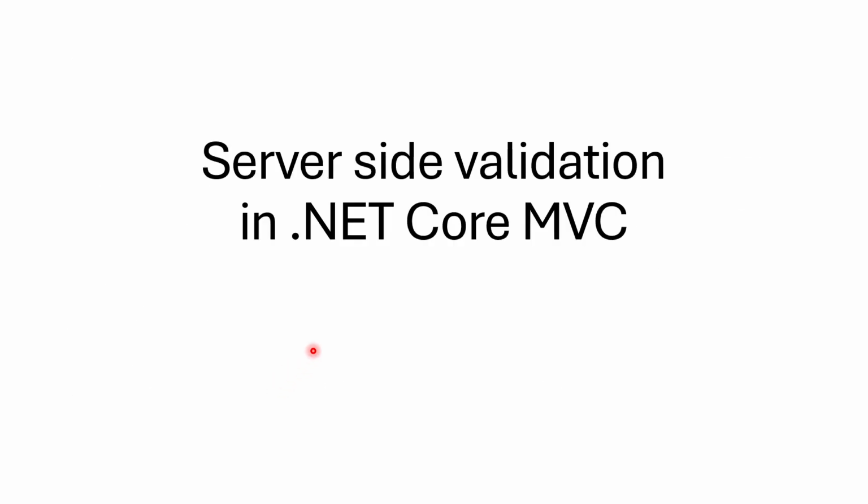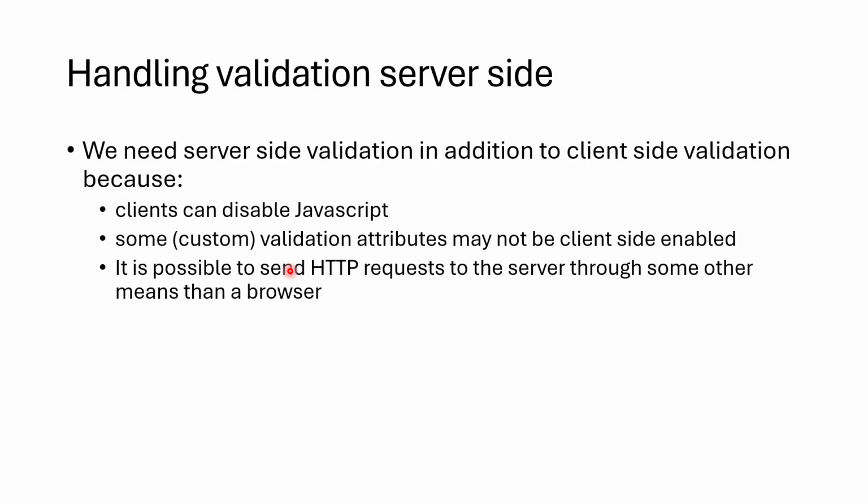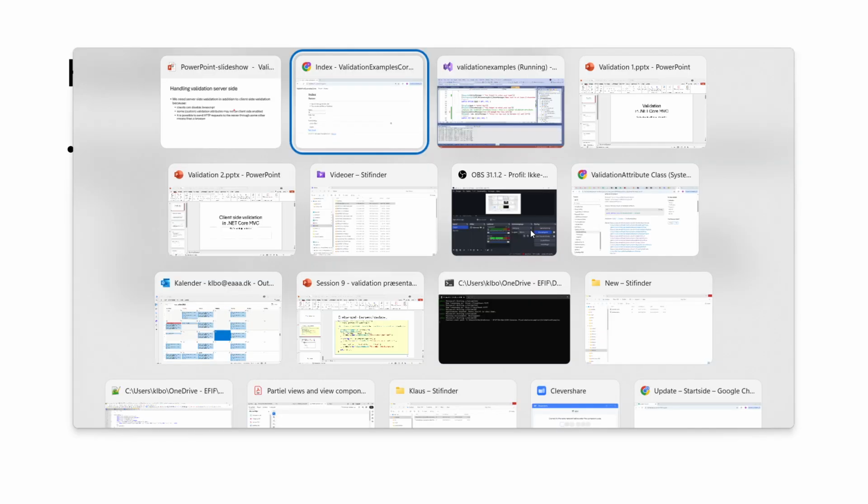Okay. So let's skip to the last subject, server-side validation. So why do we need server-side validation? Because, as I said, clients can disable JavaScript. Some of the custom validation attributes may not be client-side enabled, like you saw my age check attribute that requires the age to be at least 18.